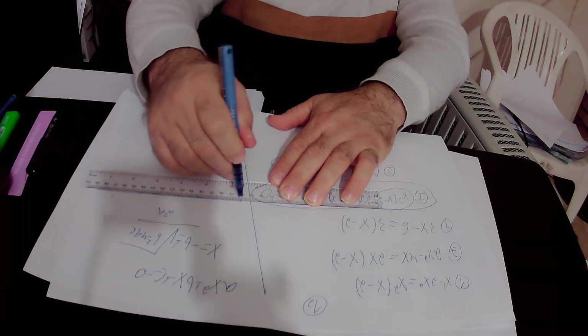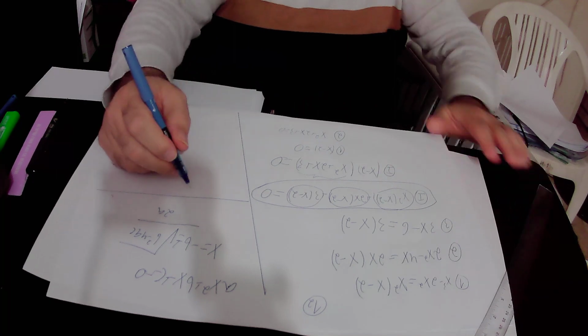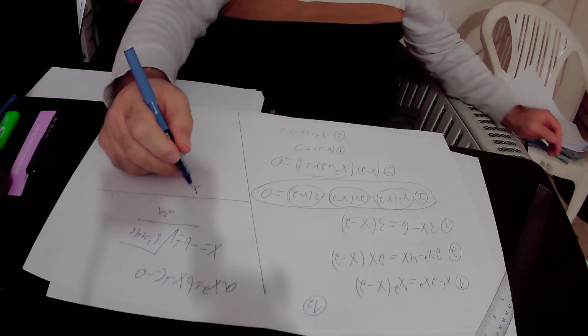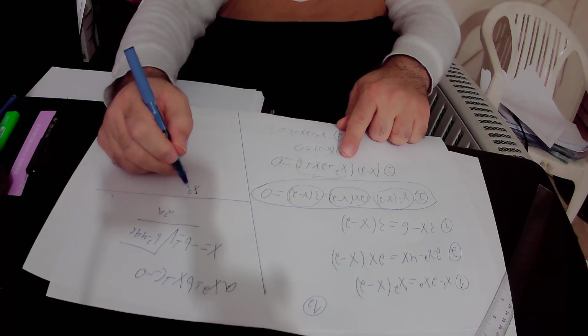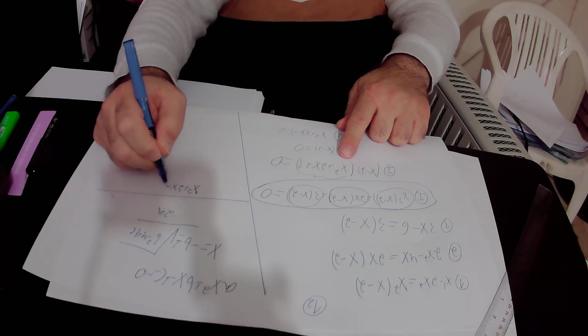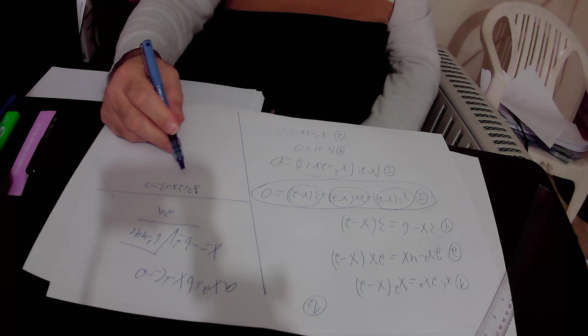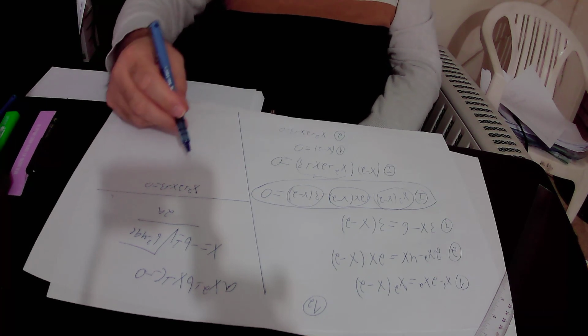So in our specific quadratic equation, x squared plus 2x plus 3 equals 0, the coefficients are as follows.